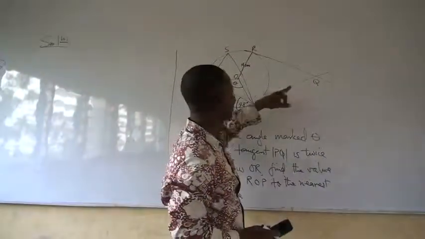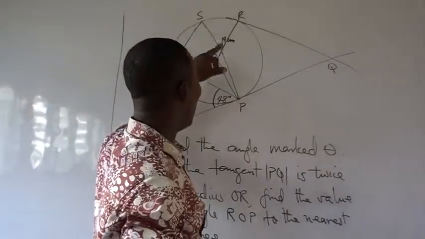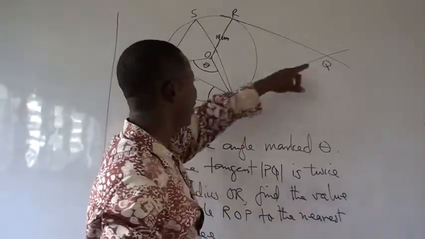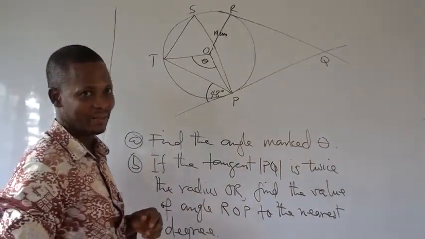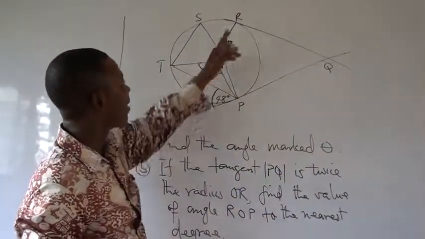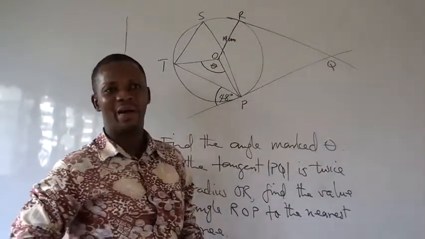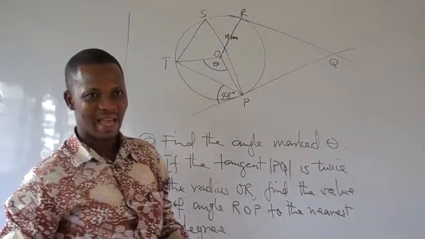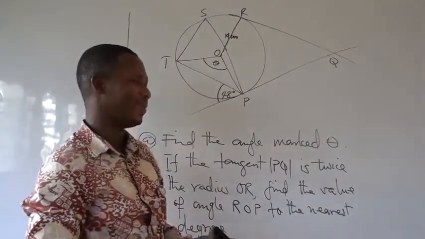Q. As a right angle triangle, OPQ also as a right angle triangle. But if we take ROPQ, we end up having a kite. Can we see that? Okay.